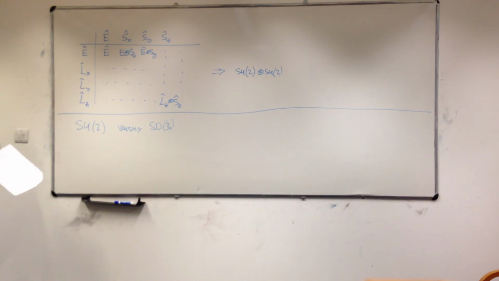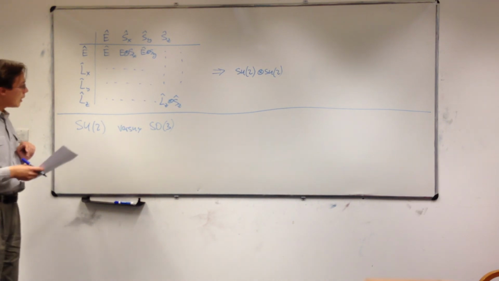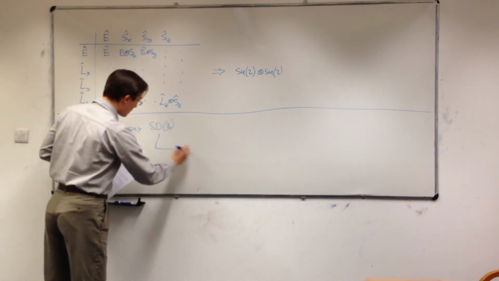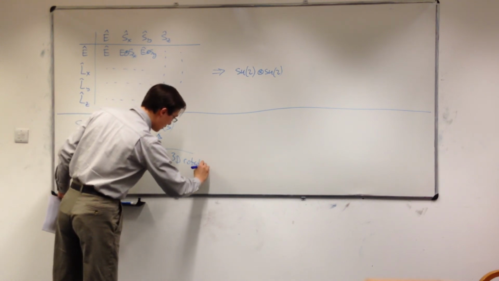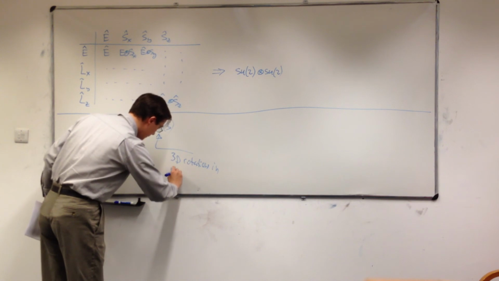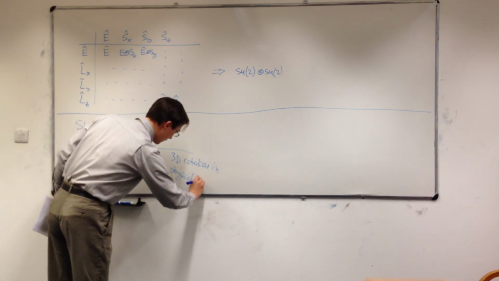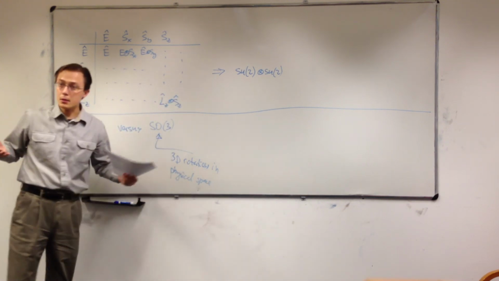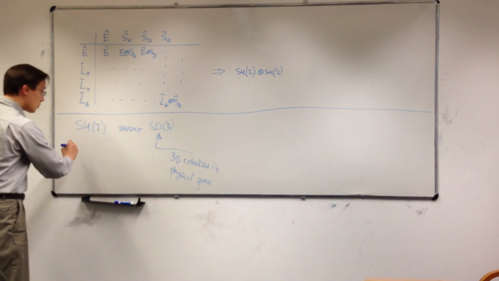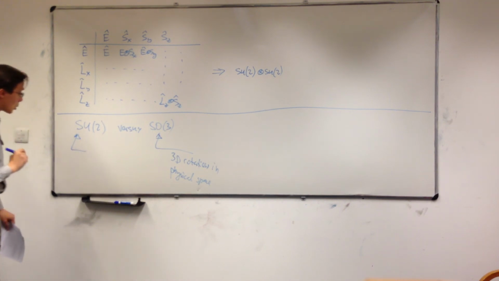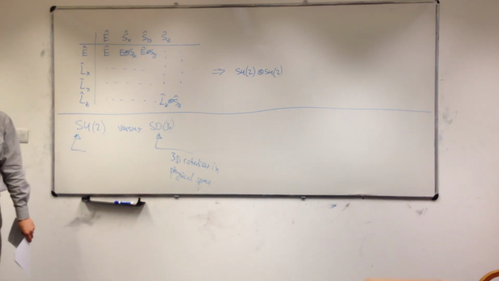So I have to be crystal clear here that in the context of spin dynamics and magnetic resonance, these two have absolutely nothing in common. SO3 is 3D rotations in physical space. It's the same physical space that I'm rotating in at the moment. SU2 is a group of unitary transformations in the wave function space.